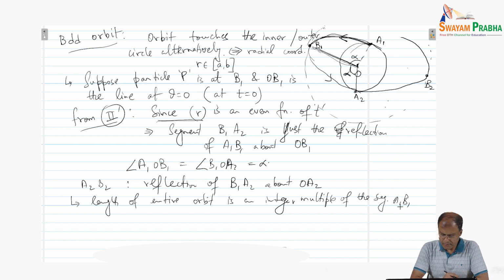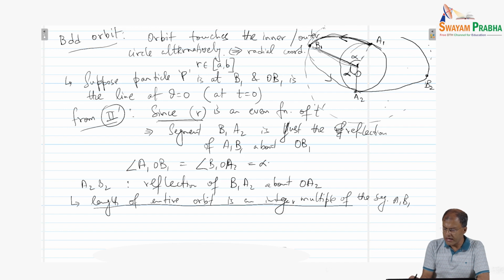Okay, so if the planet continues the motion in a way that the segments are of equal length, that is A1 B1 is the same as B1 A2, the same as B2 A2 and so on, we expect that the length of the entire orbit is an integer multiple of the length of one segment, right? And also, the radius that these lengths subtend, they subtend an equal angle alpha everywhere, right?